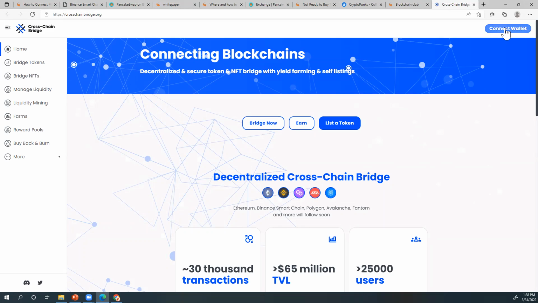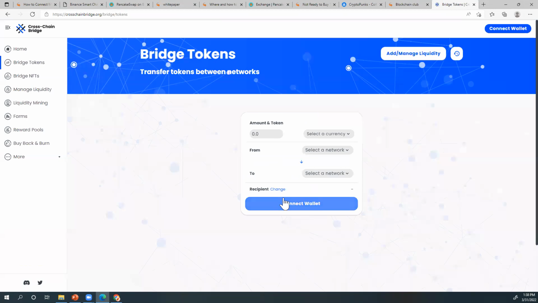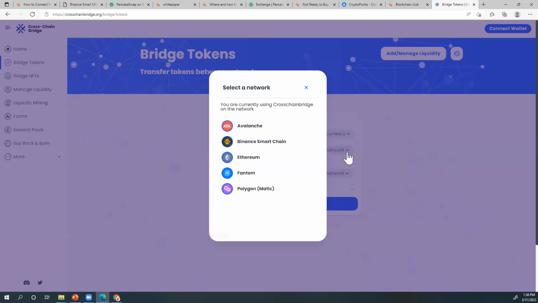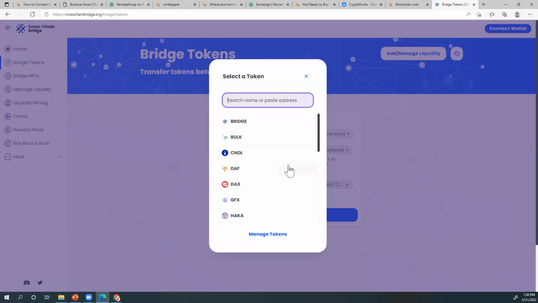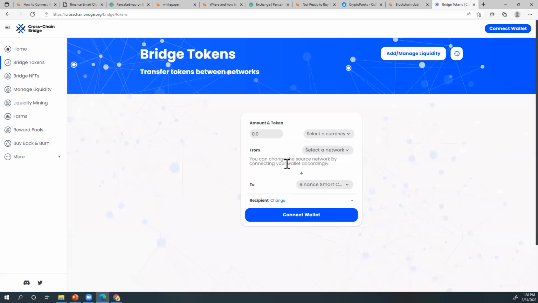For example, you click the wallet, bridge tokens. You can select a currency and a network. You can bridge from Ethereum to BSC. Select the currency I want to bridge, like Ether or something else. Then just connect your wallet and bridge.